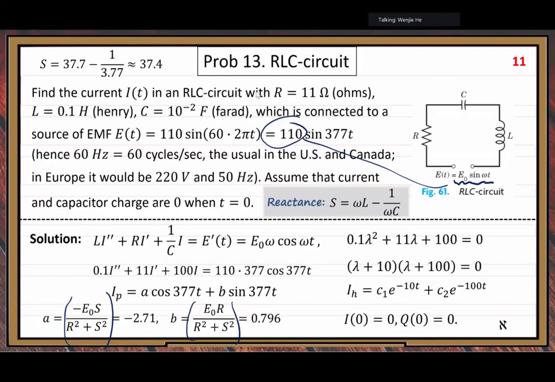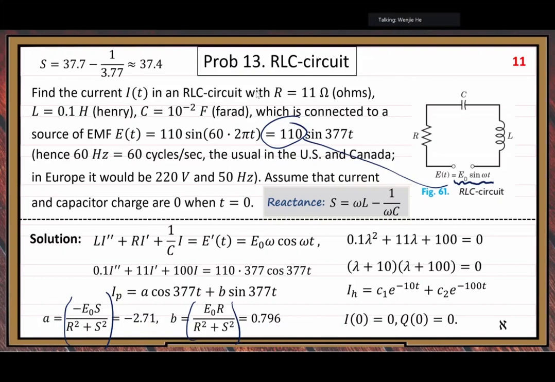It is IH plus IP, but you need to plug in t equals 0. Because we have a few minutes before the break, I just write a few steps.